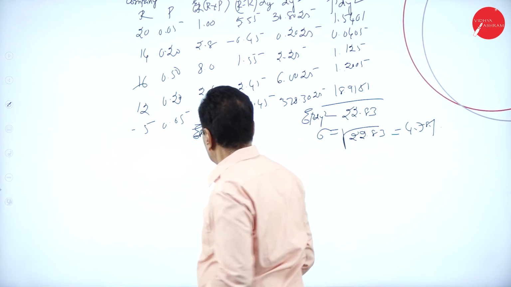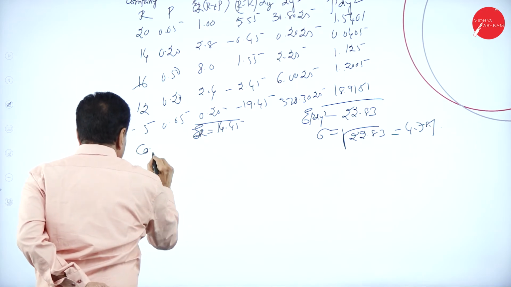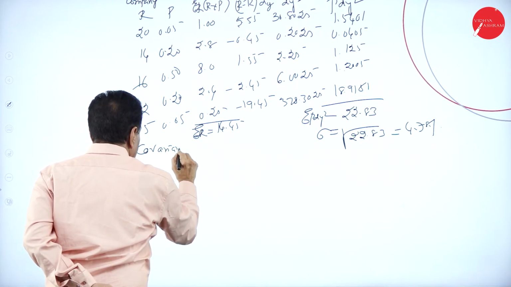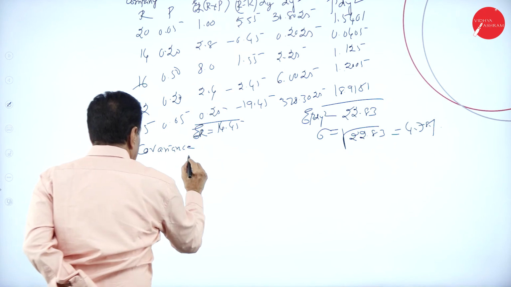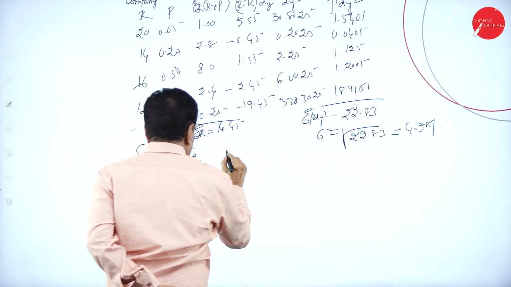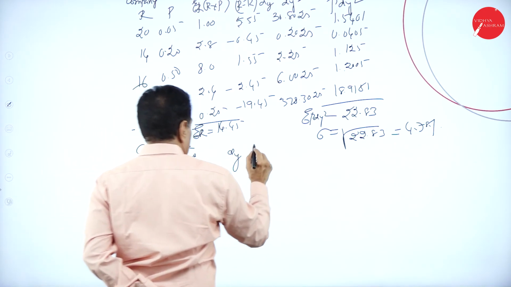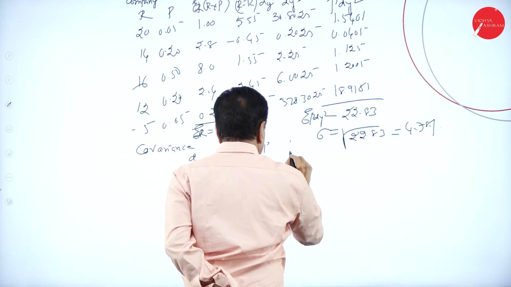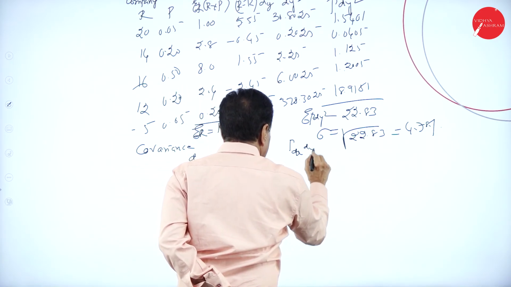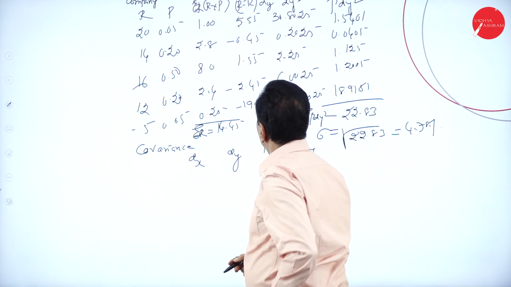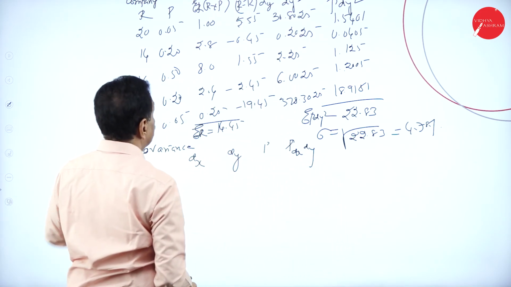So last one, covariance: dx, dy, probability, P dx dy. Fast we can do. What's your dy now?